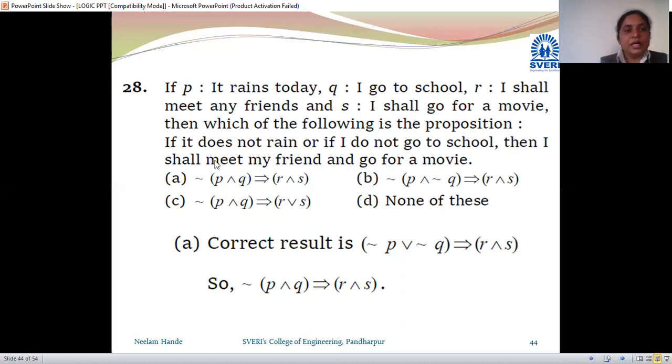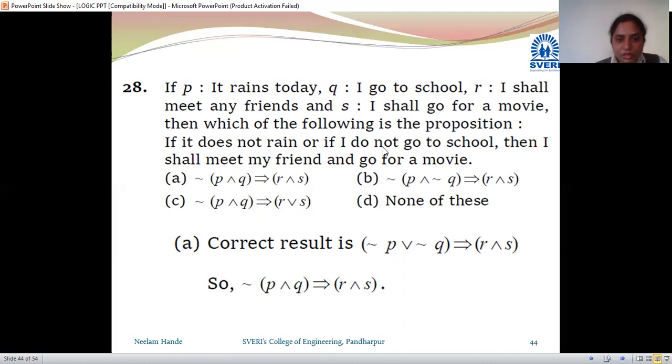Okay, if it does not rain, it rains is P. Does not rain will be negation of P. Or, there is or in between. I do not go to school, I go to school is Q, right? But I do not go is a negation of Q. So how is it?